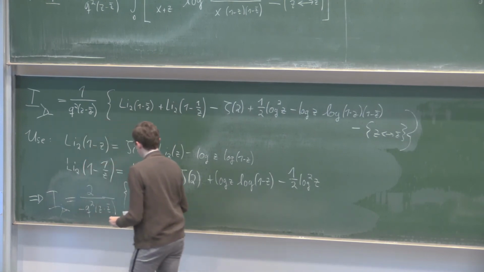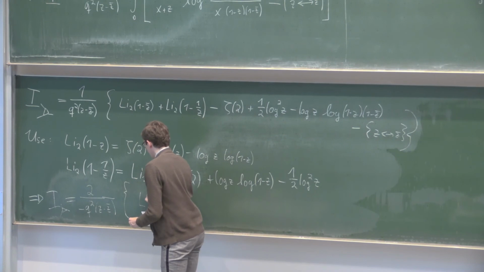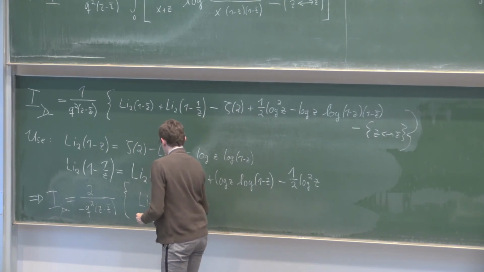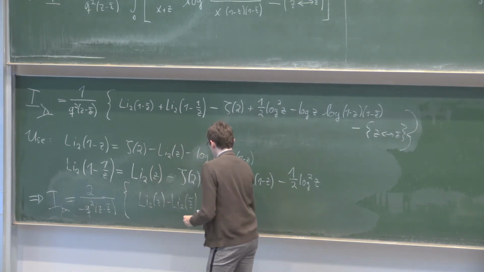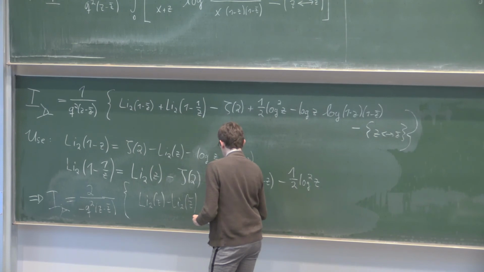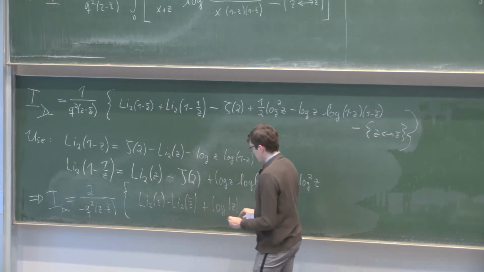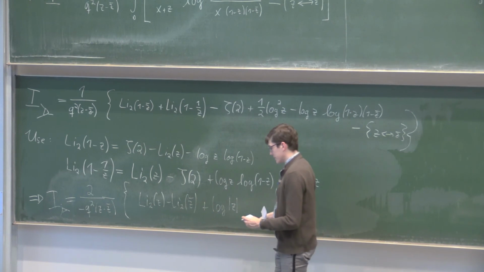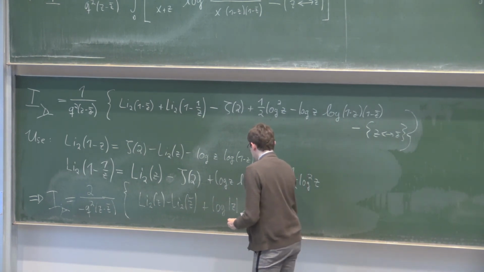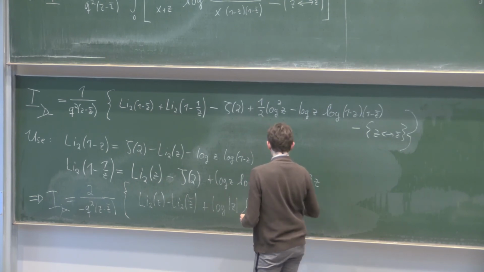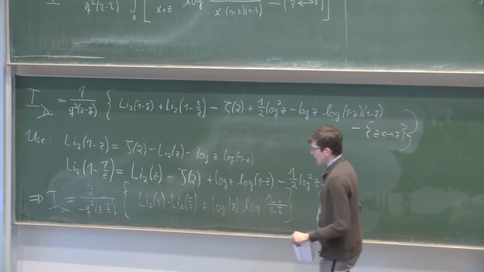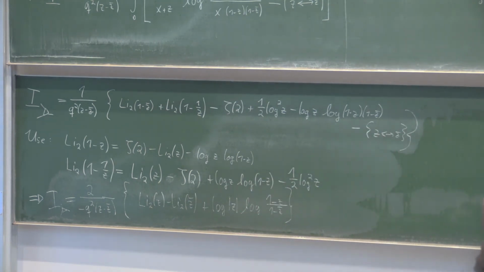And then what's left after these substitutions is Li2 of z minus Li2 of z bar plus log of absolute value z. Remember, this is just a half log of z plus log of z bar, times log of 1 minus z over 1 minus z bar. And I think that's what many people would consider the final answer for this integral.